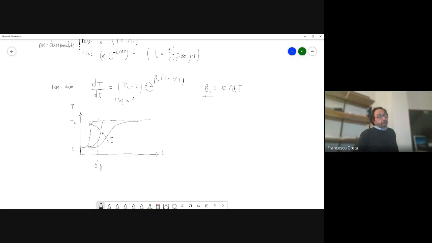And what happens if E is very large, goes to infinity? Essentially, you will have an instantaneous reaction. So you can think that when E goes to infinity, the ignition time essentially goes to 0.